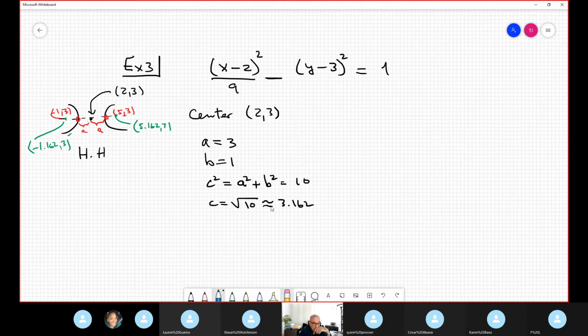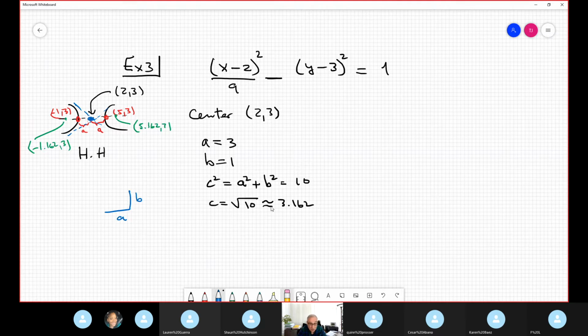And the asymptotes, well, it's easy. Remember, in this case, the asymptotes pass through the center. By the way, the center is (2, 3). And the slope in that case is B over A. B is 1 and A is 3.